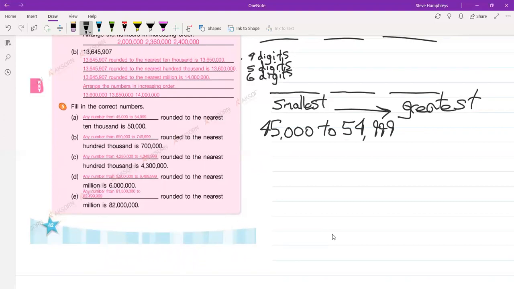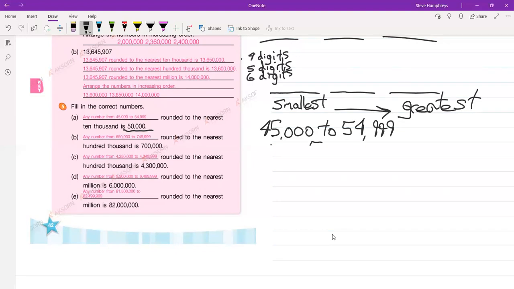If it's a number in the range from 45,000 to 49,999, you would round it up to 50,000. It's telling you what you're going to round to, 50,000. And if it's over 50,000, up to 54,999, you would round it down to 50,000.